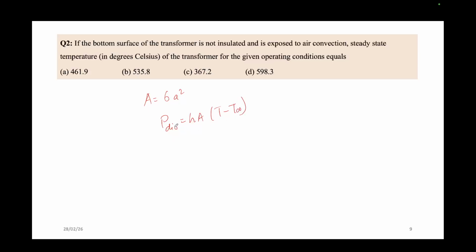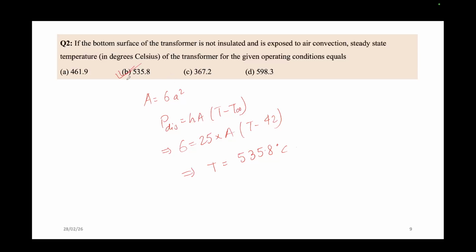So you can put in the values, which were given as 625. Area you can find out. Solving, you will easily get this T, which is coming as 535.8 degrees C. So the correct option is option B.